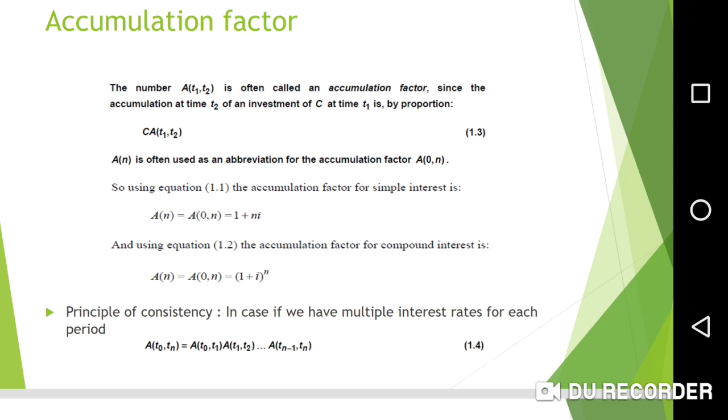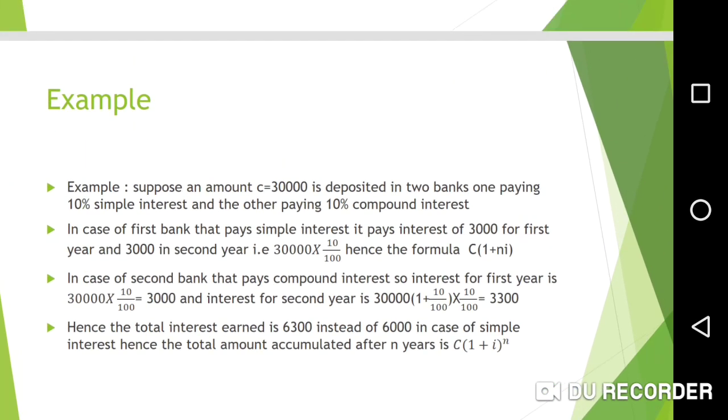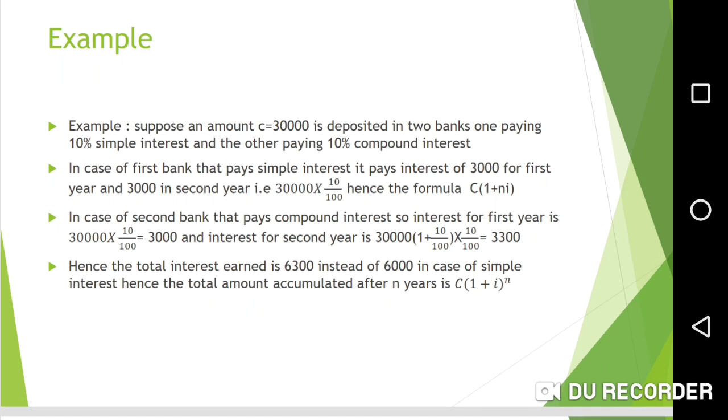Say, for example, as shown in our previous example, in the case of compound interest we can calculate with a simple formula, (1 plus i) squared into 30,000, or 1 plus 10 by 100 into, say, if in the second year the interest rate changes to 11%.